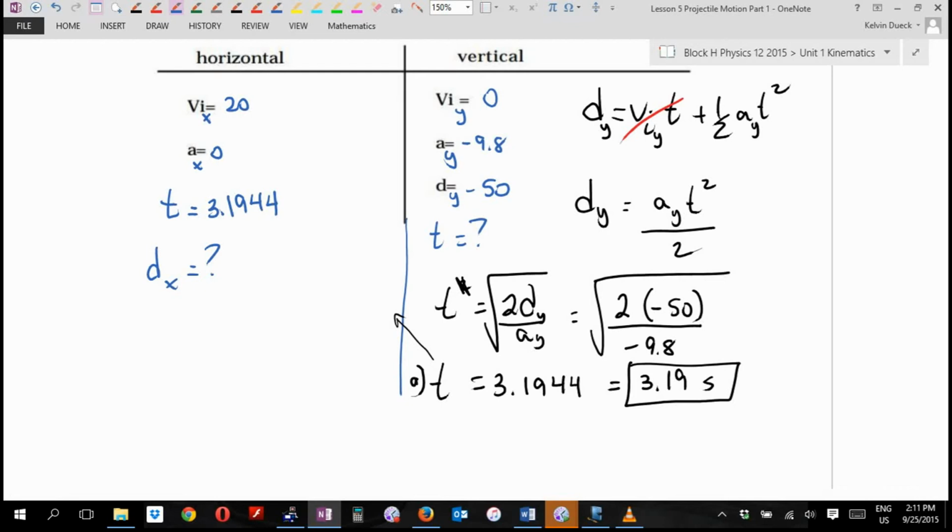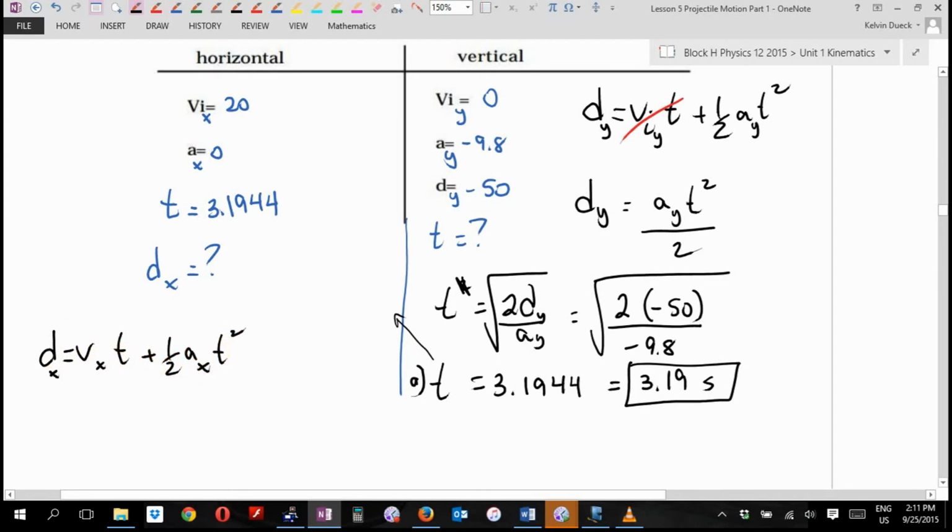I'm looking for an equation that has VI, A, D, and T in it. This one. Wow, that's kind of handy. Are any of these 0?